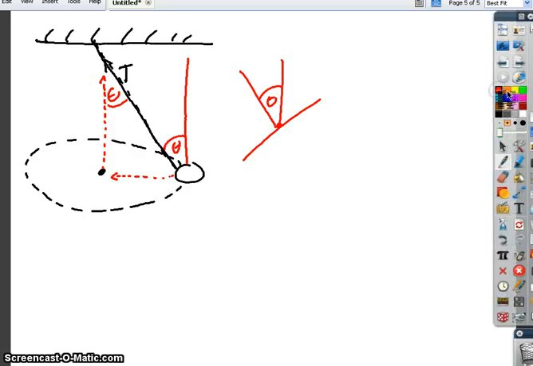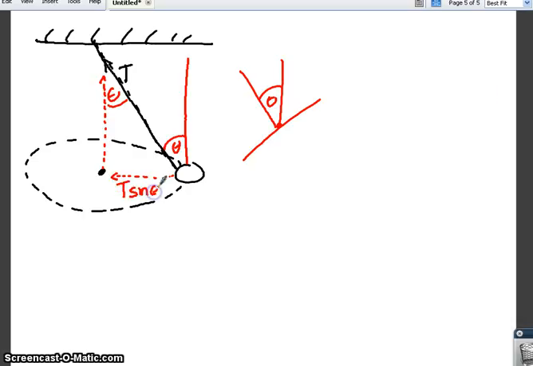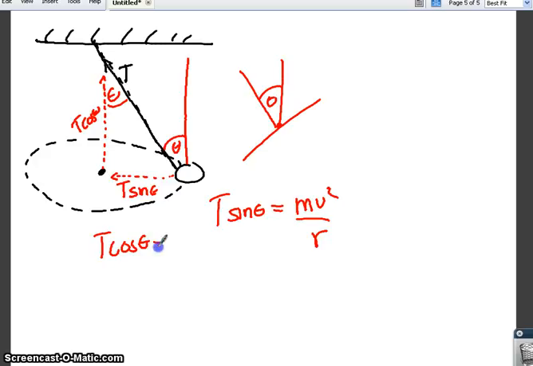This would be T sine theta, this would be T cosine theta. T sine theta would equal mv squared over r, okay? And T cosine theta would equal mg, because T cosine theta is equal and opposite to mg right there.